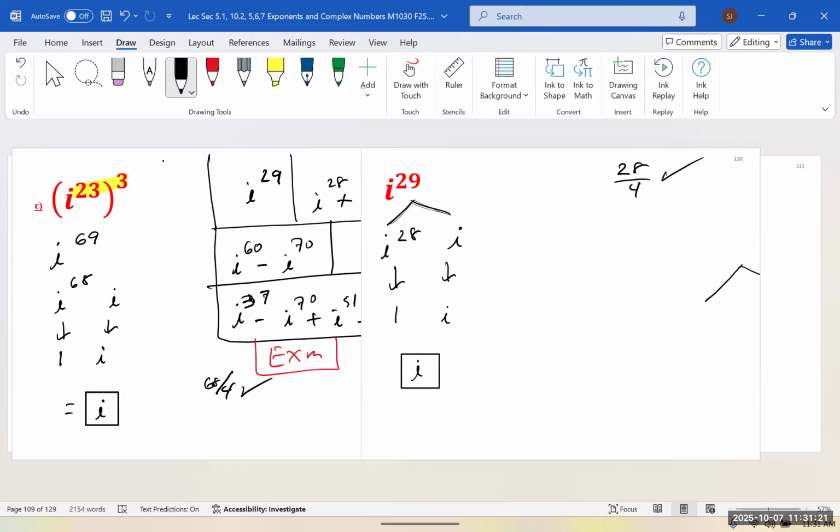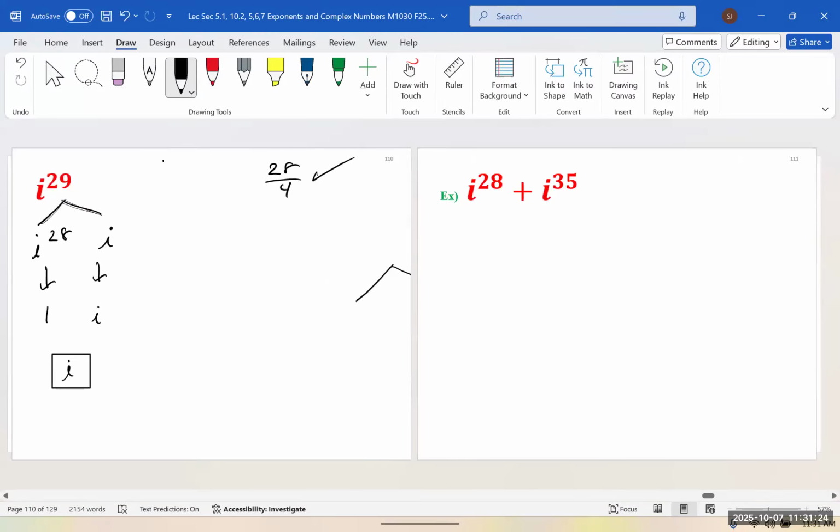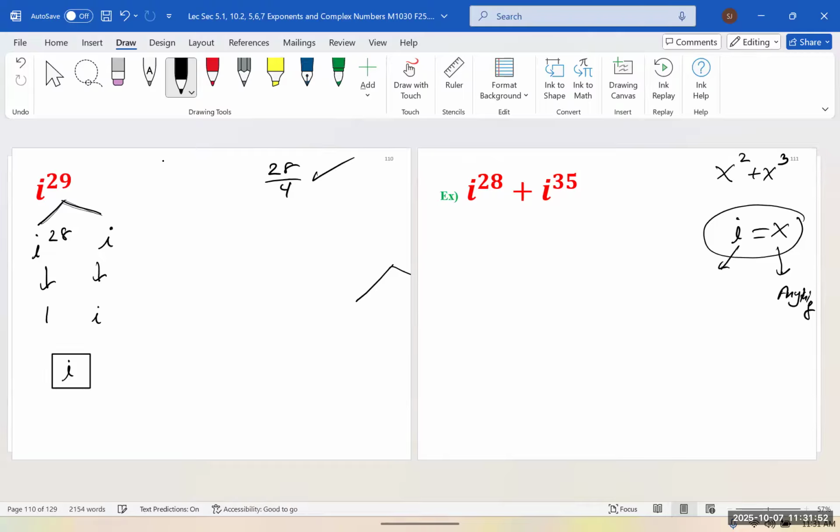Now for the next one, many people combine the power. Almost 99% of you combine the power. You cannot combine the power because if I give you x to the 2 and x to the 3, can you combine 2 and 3? Then how can you combine the power for the i? i and x, they're same. The difference is x could be anything, but i is specifically -1 under the square root.